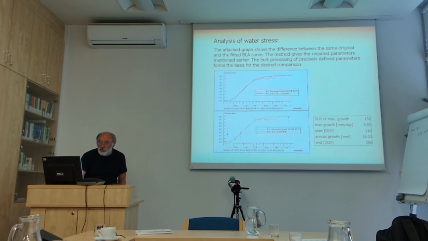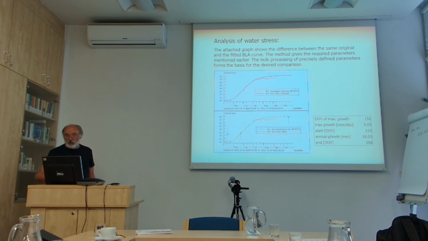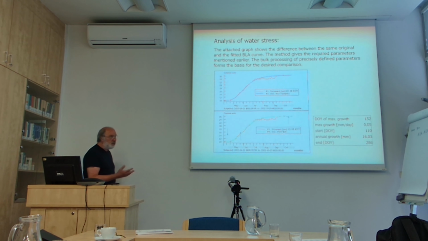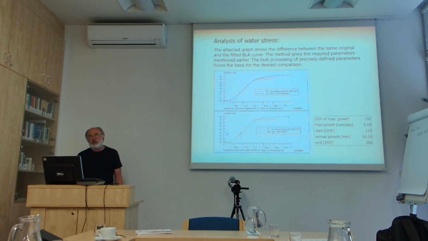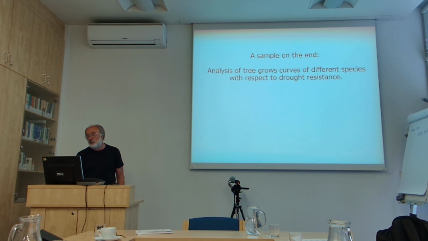So you see that here is one broken point, and this is the other one, and those are parameters analyzed from the curve. So you can exactly calculate all these 5 important parameters which can be used for describing growth of different species in different sites or situations.